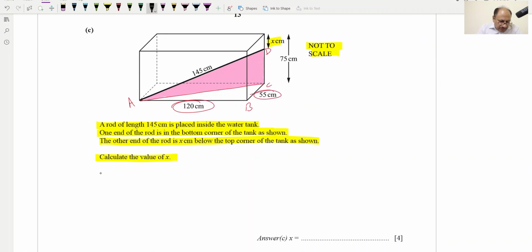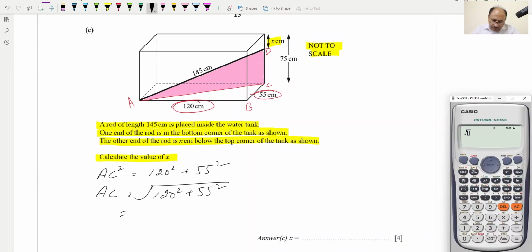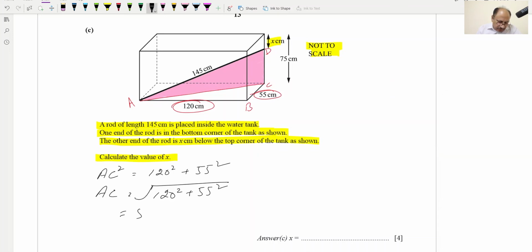So we can write AC squared is equal to 120 squared plus 55 squared, and AC will be equal to the square root of 120 squared plus 55 squared, and this is equal to 5 under root of 697.